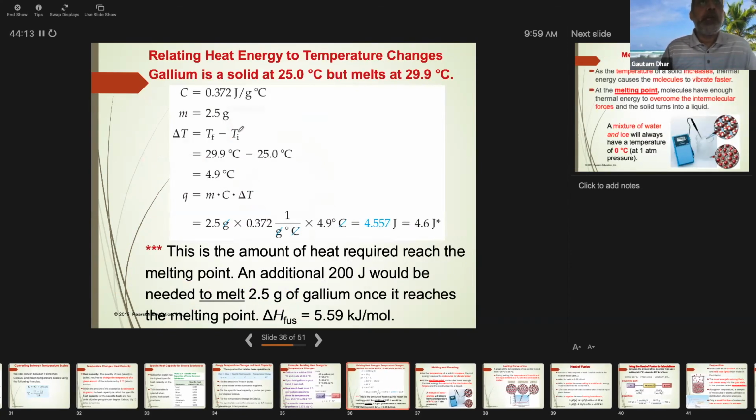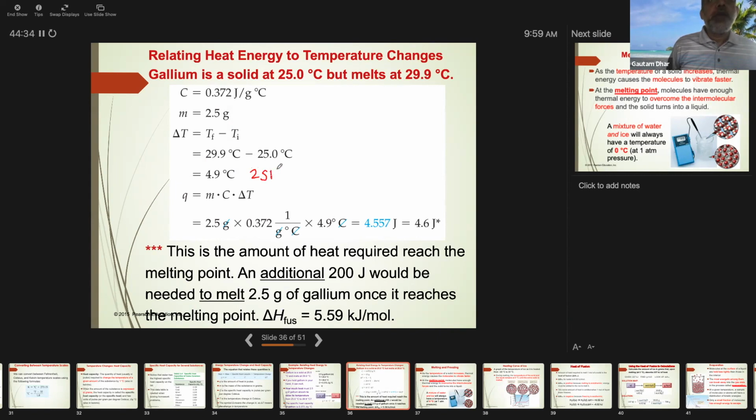Now, when you're doing the delta, see Tf minus Ti, now we learned from the previous chapter that when you subtract, you keep to the least number of decimal places. Here the least number of decimal place is 1. So this is two significant figure now, 4.9. Okay.